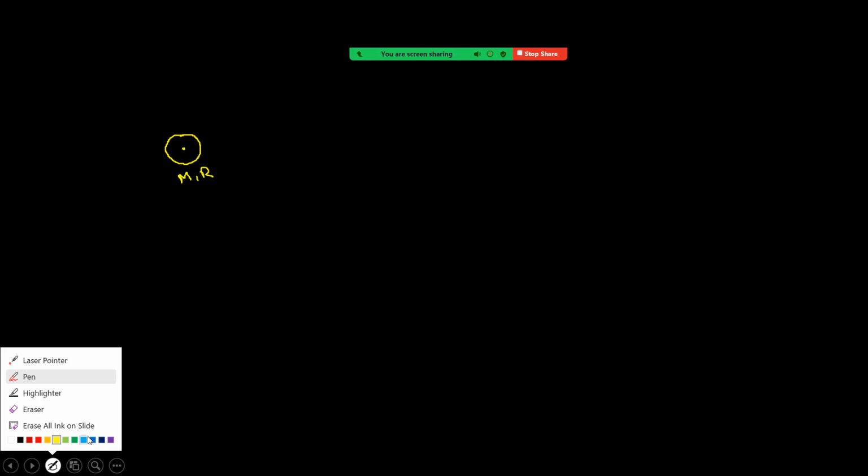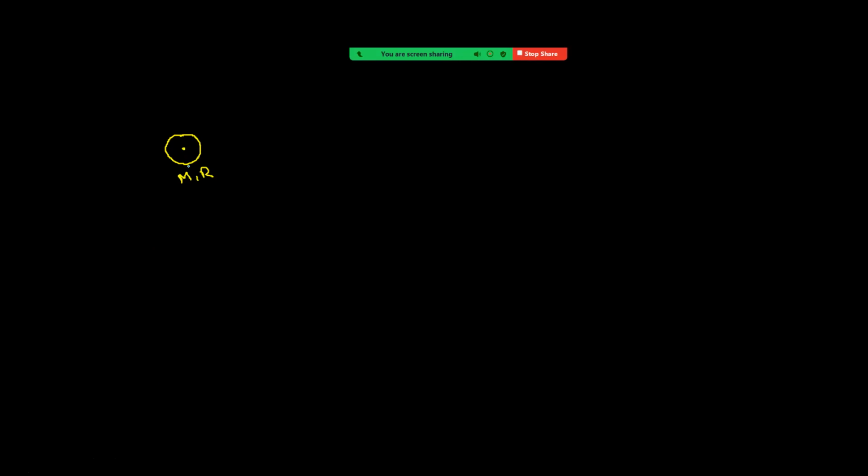So assume that this is a planet. Its mass is m, radius is r. Now, a body, or you can say satellite, is revolving around it in a circular orbit.